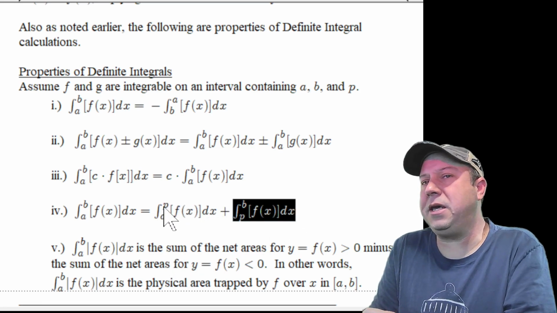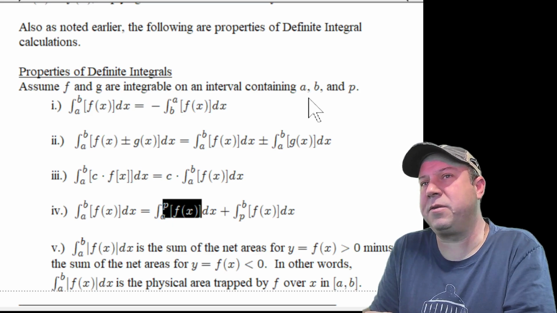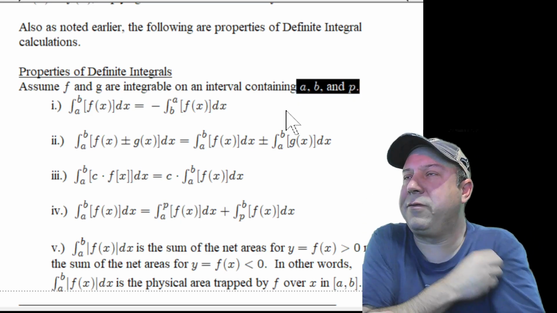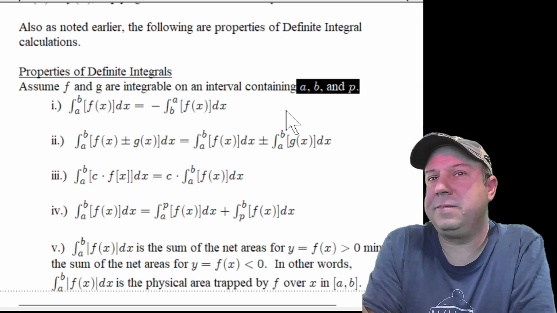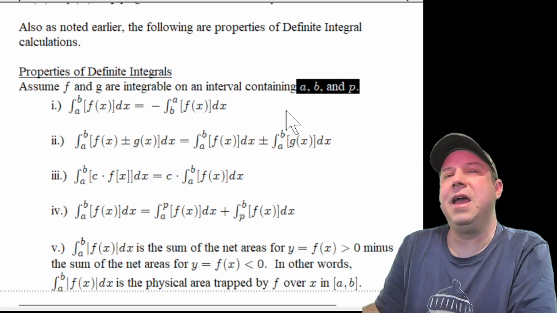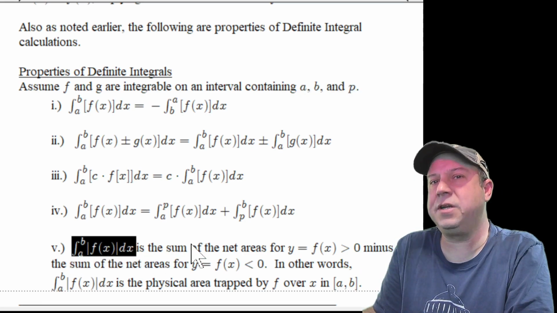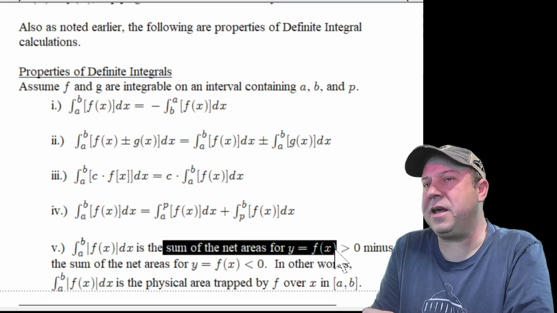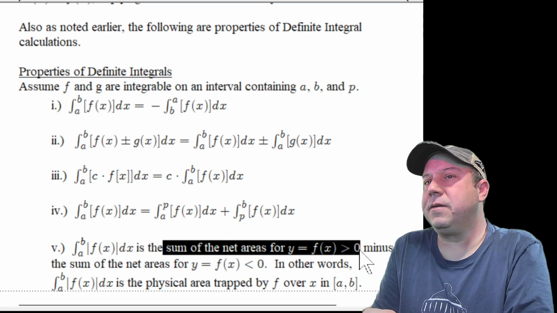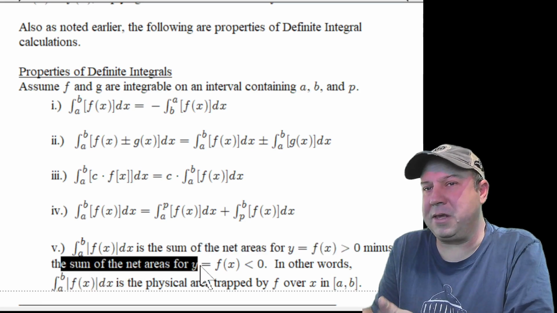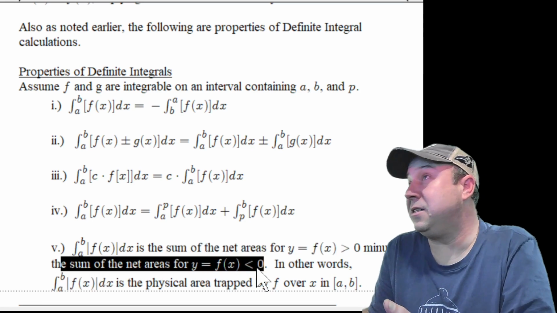And really p doesn't have to be in between a and b. This can be for any values of a, b, and p. And lastly, if we take the integral of the absolute value of a function, it is actually going to be the sum of the net areas for when the function is greater than 0 minus the sum of the net areas for when the function is less than 0.